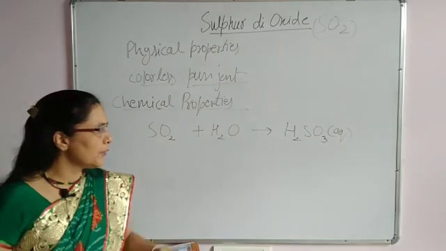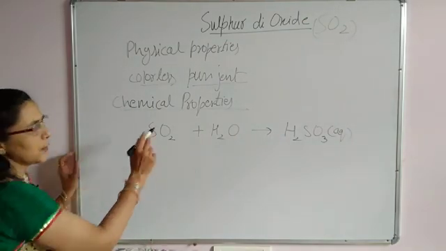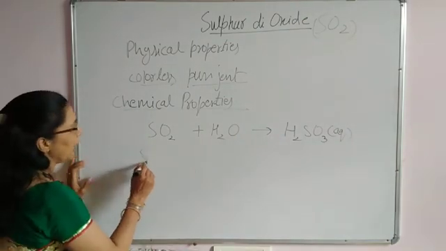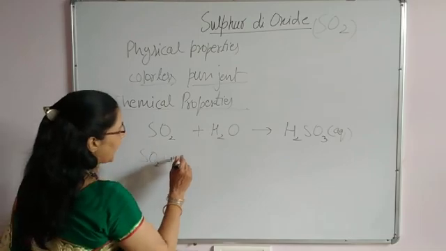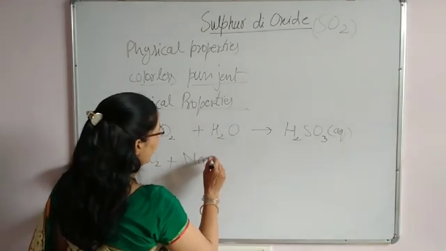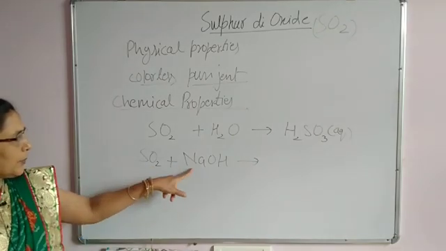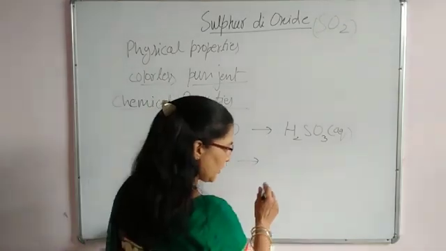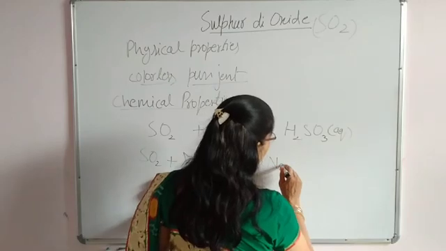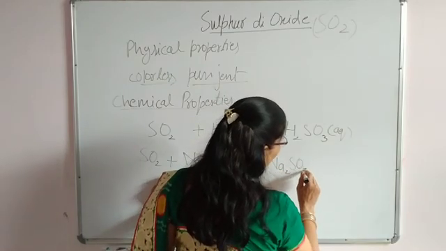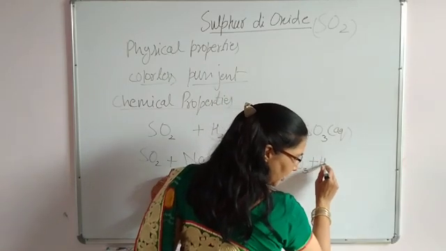As it is one of the acidic oxide, when it is treated with base, there will be formation of salt and water. Sulfur dioxide plus base, there will be formation of Na2SO3 and H2O.